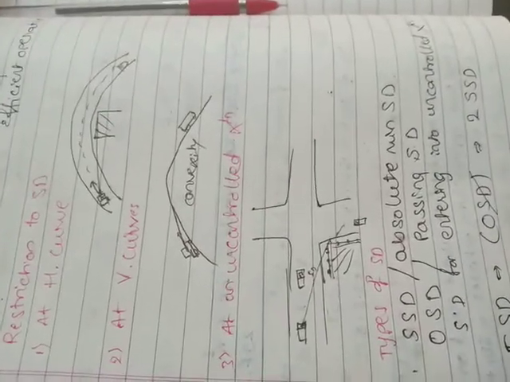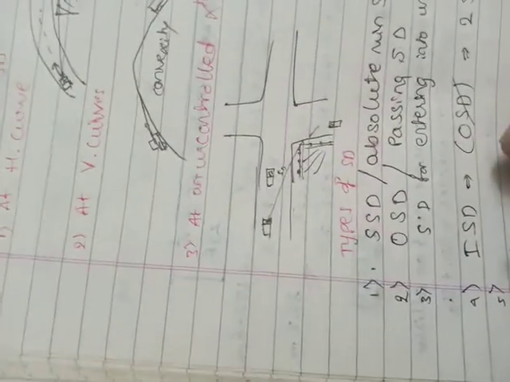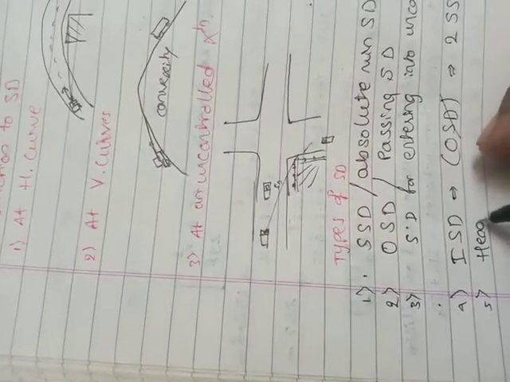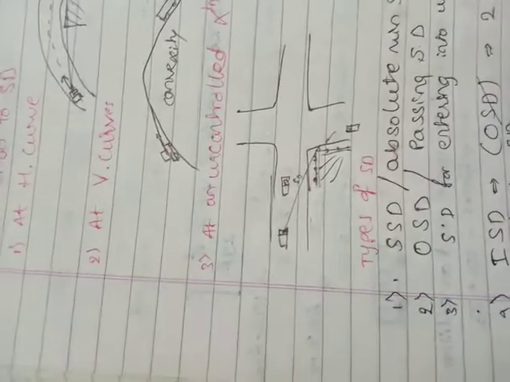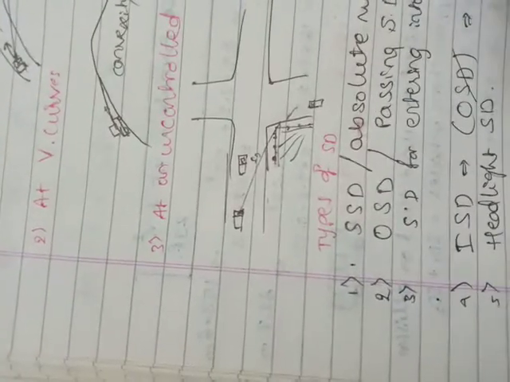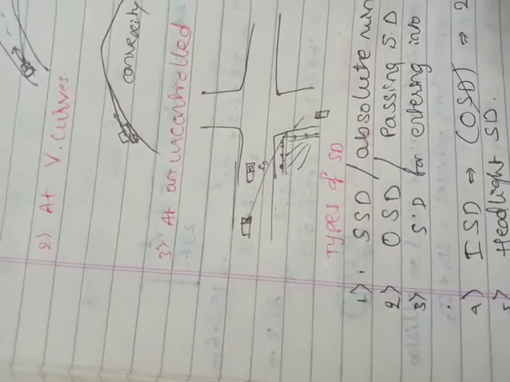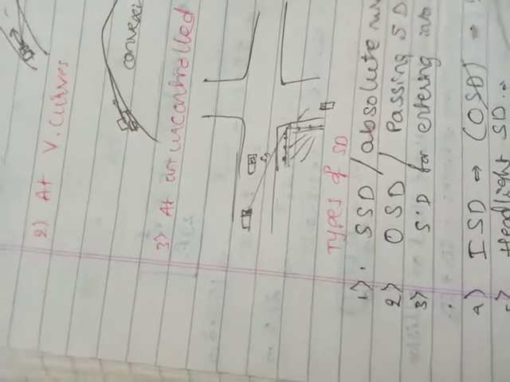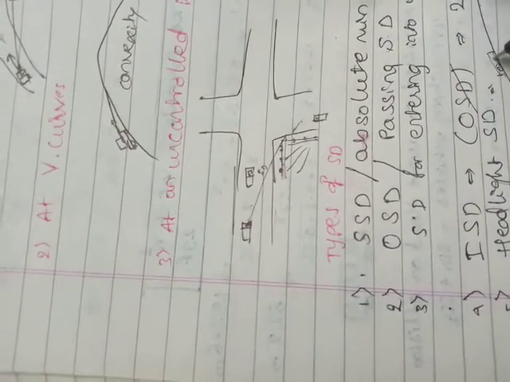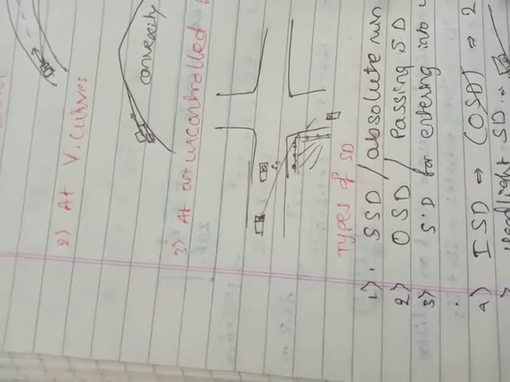Also, a headlight sight distance. This headlight sight distance applies whenever we come across any up gradient during night time, when the visibility is less.